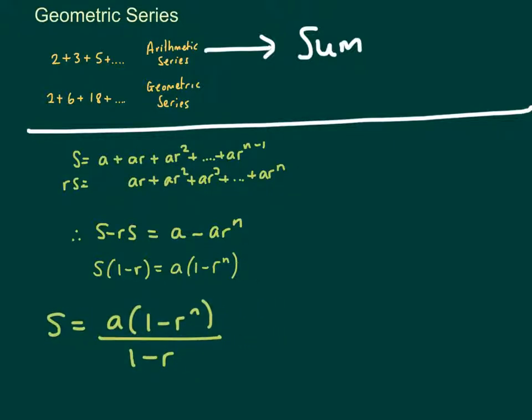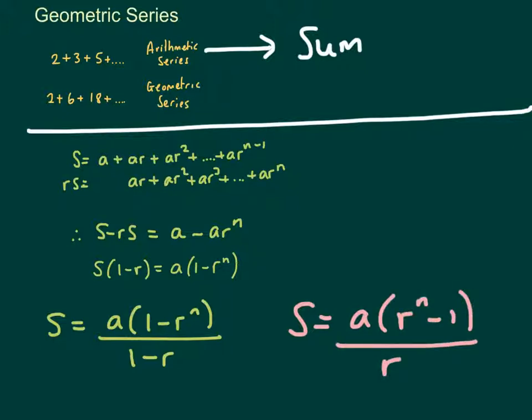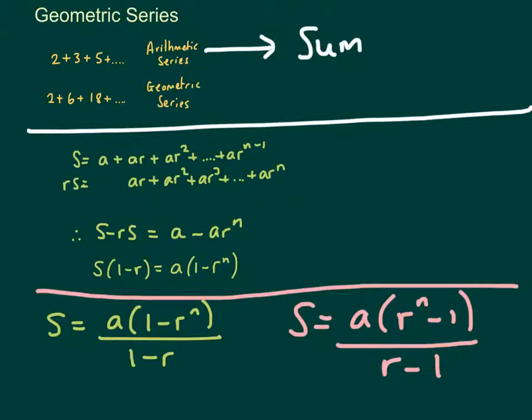Now if we had subtracted them in the opposite direction, so we'd done rs take away s, the bottom one take away the top one, I'm not going to do that, but basically we would just get this. The r's and the 1's would be the other way around. So actually with geometric series we've got two formulae that we can fall back on.